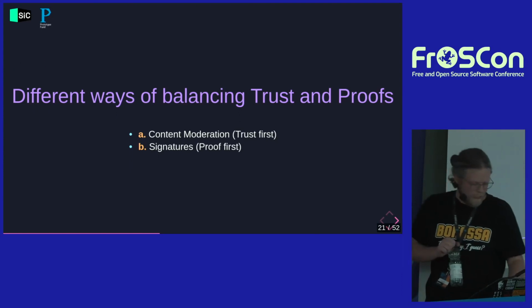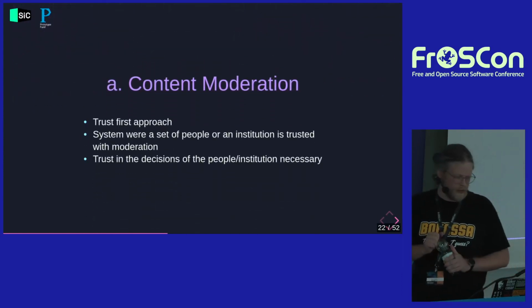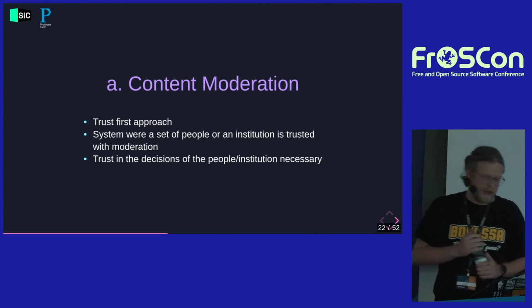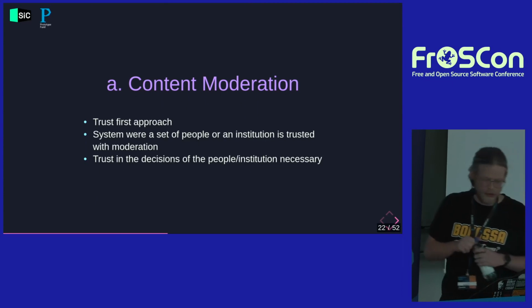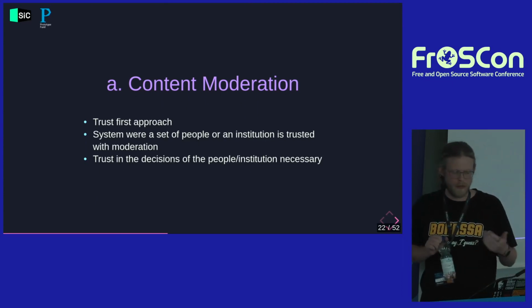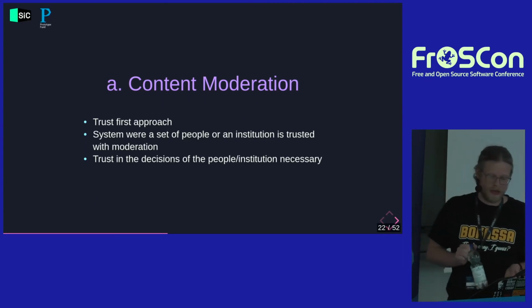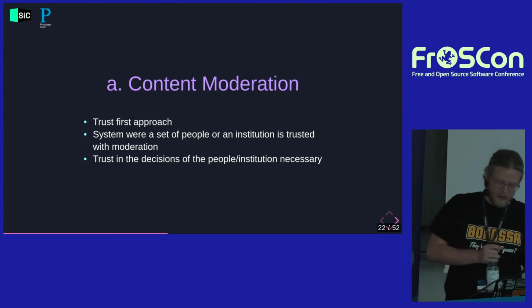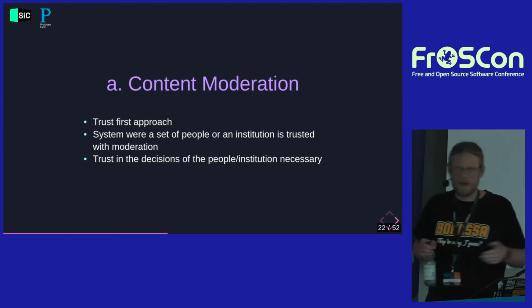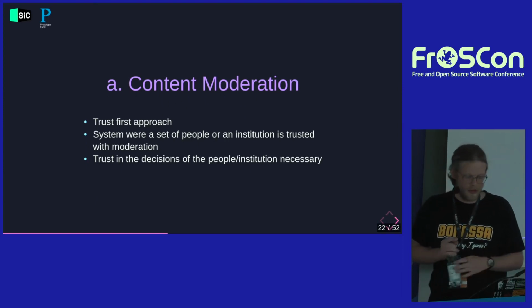Okay, so the trust first approach is where, in a system, you have a set of people or an institution, and this institution or the people are trusted with moderation. Moderation in our context meaning that they ensure that either only trusted resources are distributed or you are able to differentiate between trusted and untrusted resources.